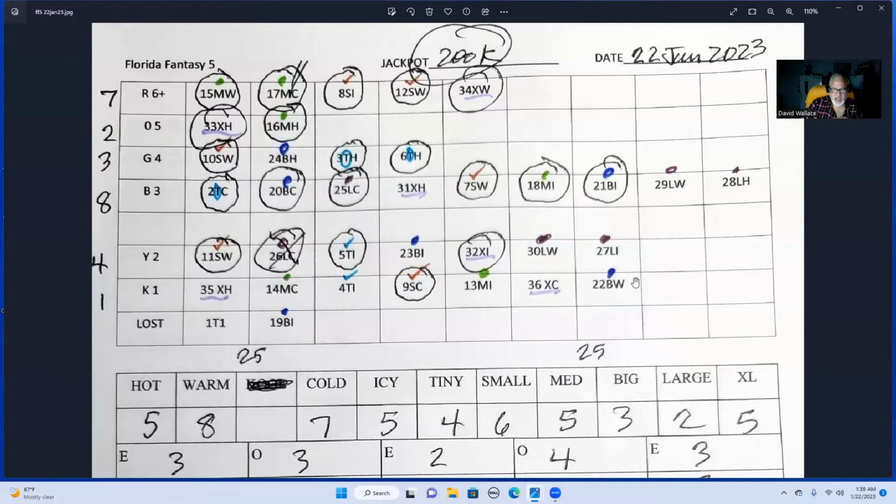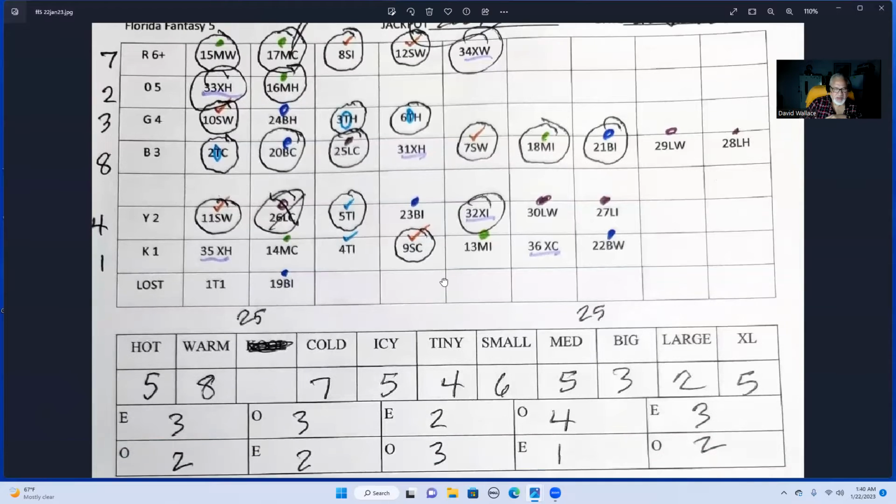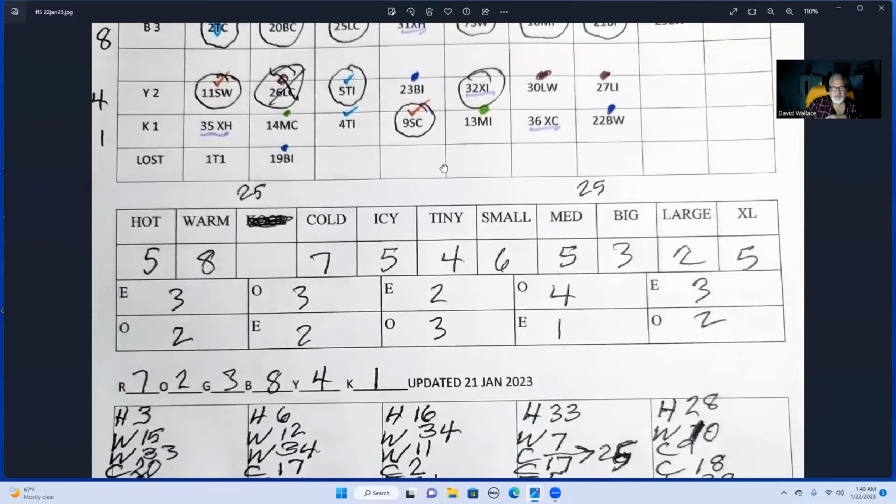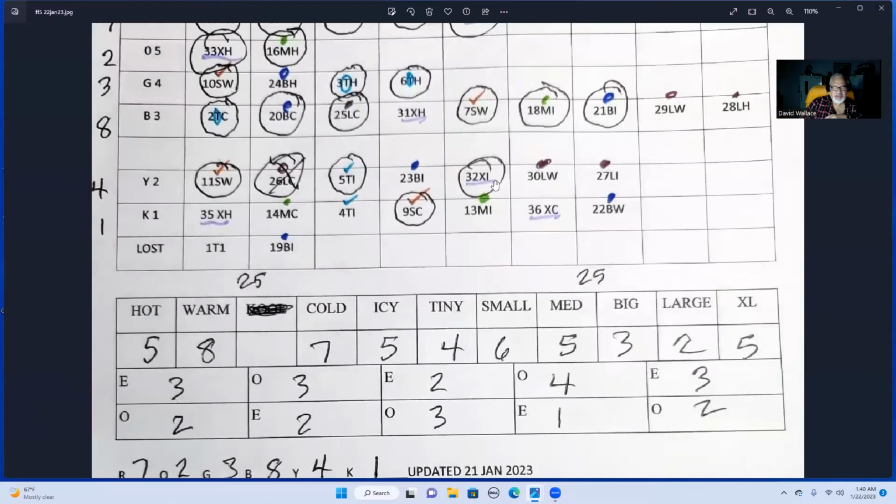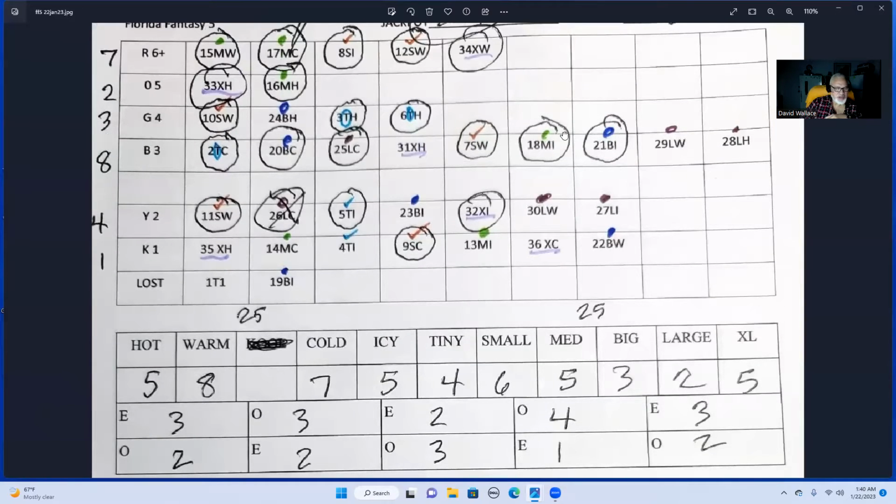And then the numbers that were lost, that did not show up. The two numbers that did not show up in the last 20 draws are 1 and 19. So this is the last 20 draws.